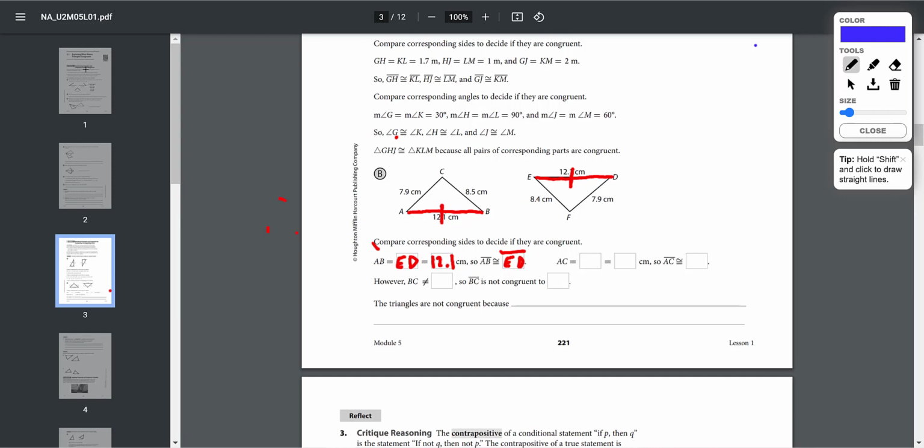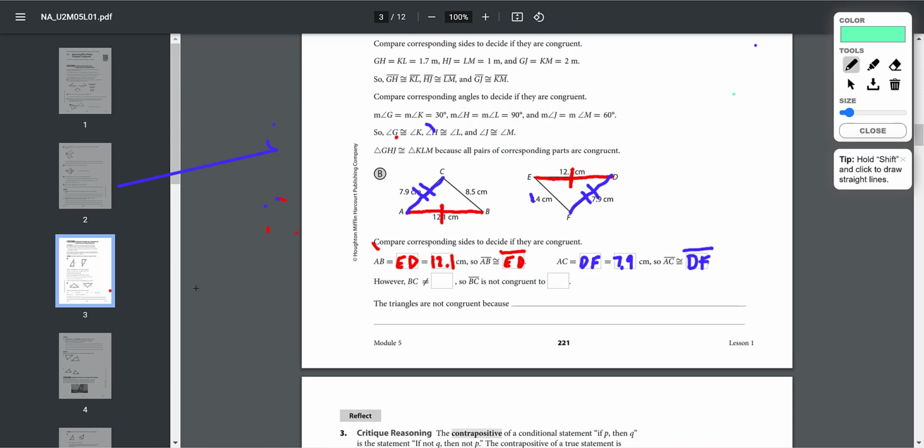All right, so next we have the distance from A to C is equal to the distance from D to F, because both of those are 7.9 centimeters. So segment AC is congruent to segment DF. And this time I'm going to draw 2 vertical hash marks through those 2 congruent sides.